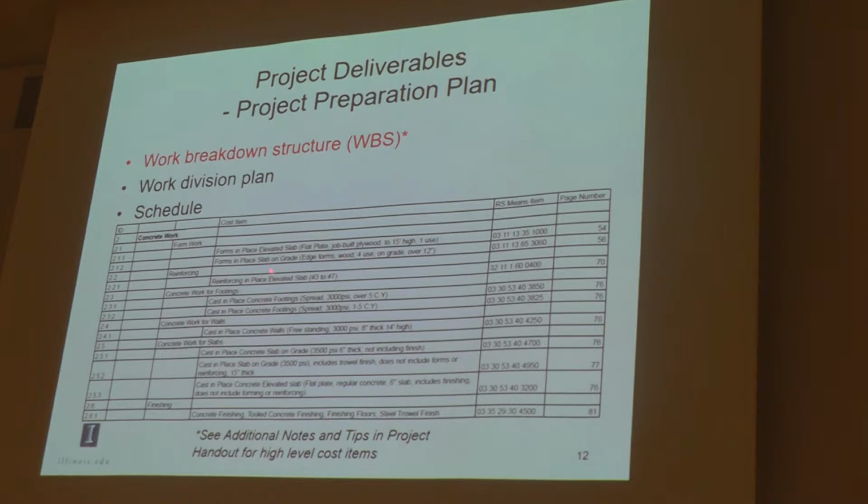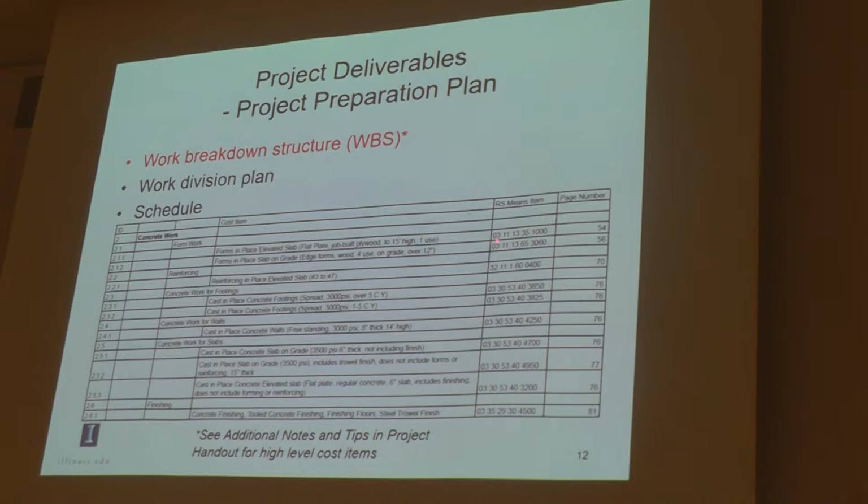Those are cost items. So your work breakdown structure needs to go to this detail, to the very bottom layer. And actually this item, called a cost item, corresponds to an item in the RSMeans. It means your work breakdown structure needs to go to the very detailed level and correspond to an item in the RSMeans.